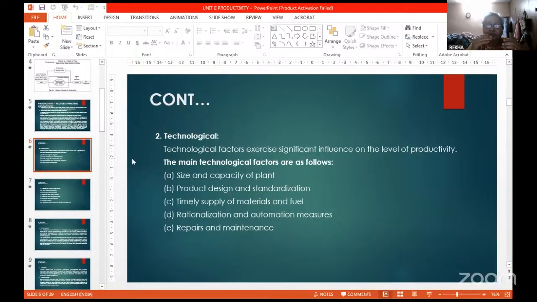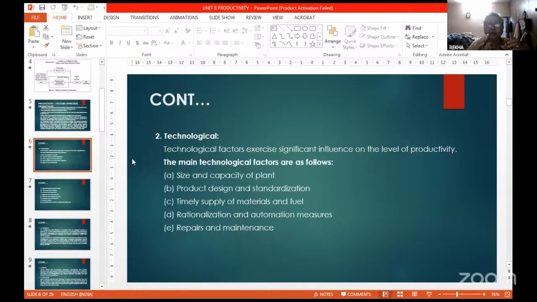Then how the product has been designed, and what standardization, because today, for example, take multinational companies. When you are buying, say, a Johnson and Johnson cream, it does not matter whether it is produced in India, in the US, in Bangkok or any other country. That standardization has to be maintained.